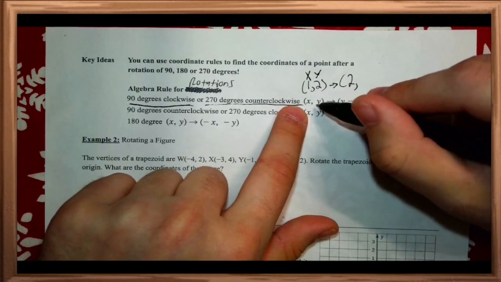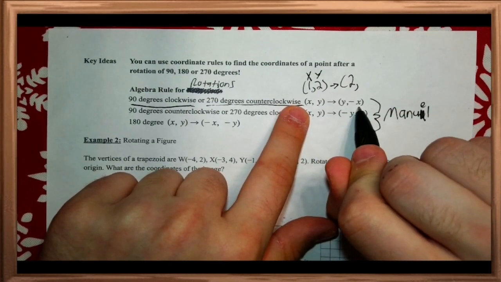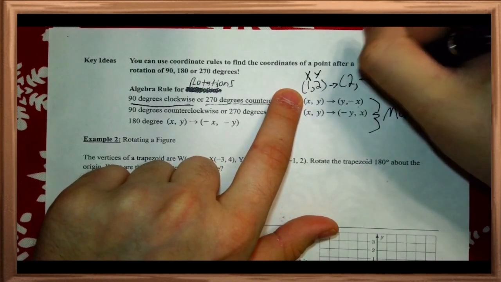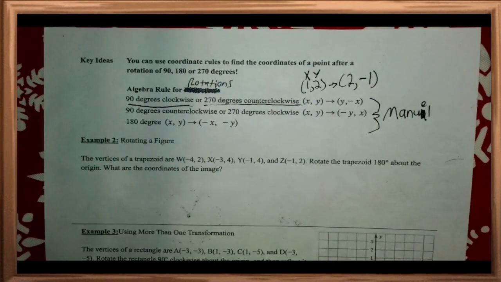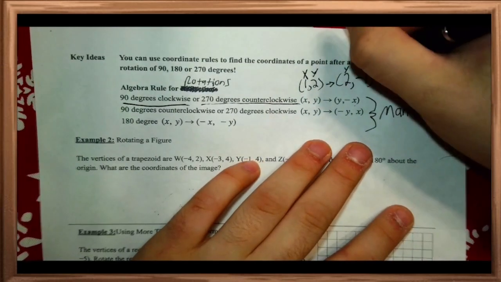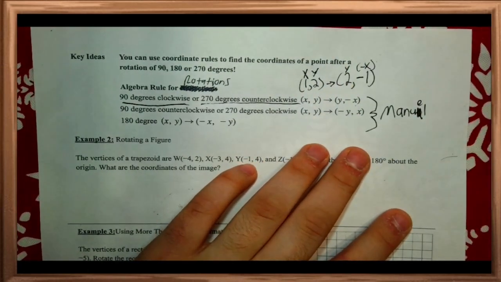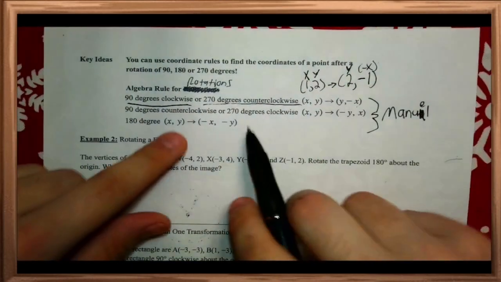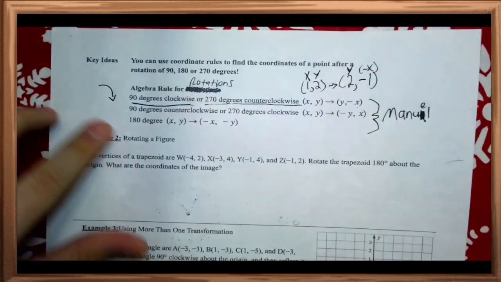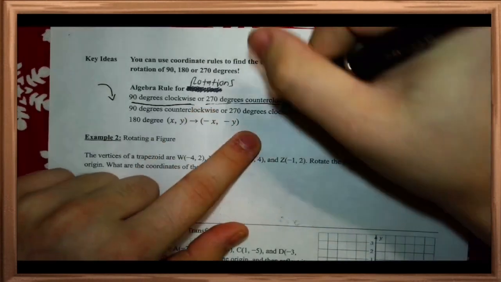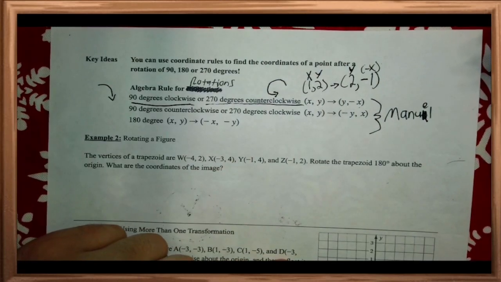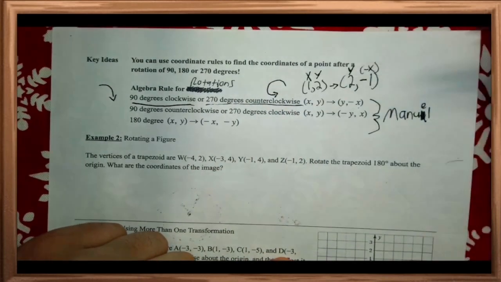Then x becomes negative, so if I have positive 1, it becomes negative 1. So (y, negative x). And that's if we're rotating 90 degrees clockwise or 270 degrees counterclockwise, going around left, 3/4 of the way.